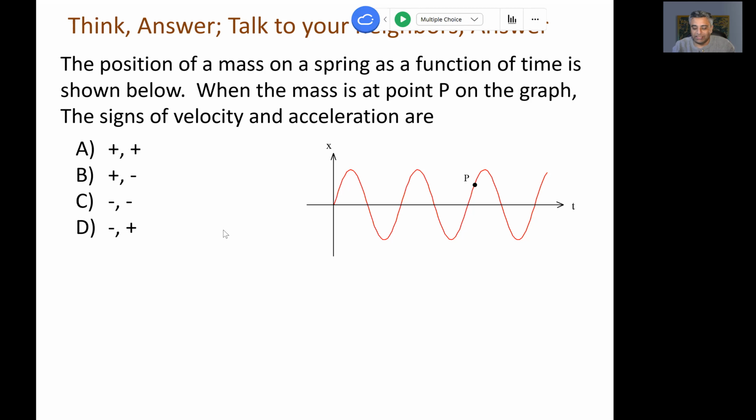So now this is a position versus time graph. We drew it, we spent some time talking about it. So now, how do you figure out velocity and acceleration, especially sign, based on that? So for this, I'm giving you maybe 1.5 minutes.